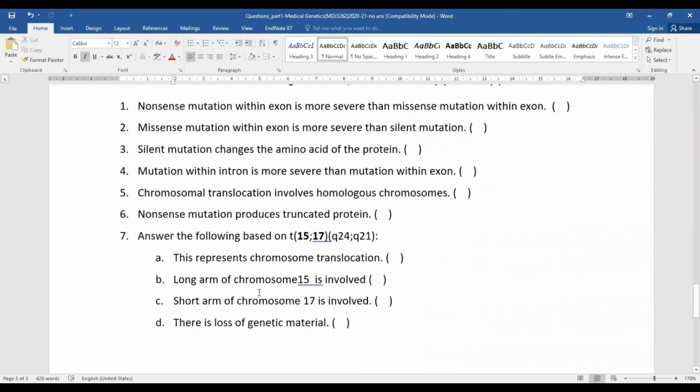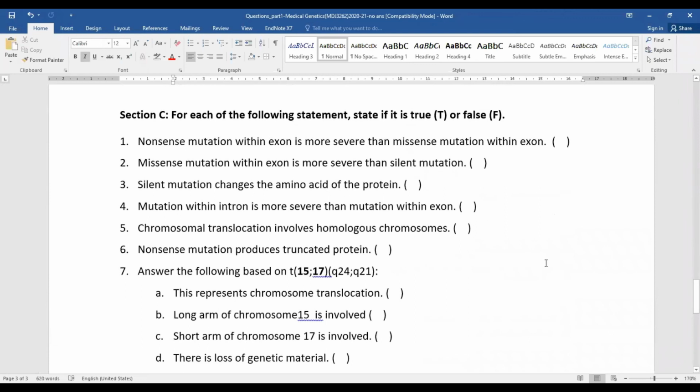Part C. Of course, in exam you will not get things like this, but this is just a single statement to see whether you know them or not. And the question can come in any form. Nonsense mutation. So you first must know what nonsense mutation is, okay? Within exons, right? You know what exons and introns are, right?